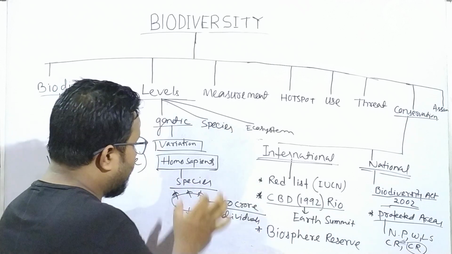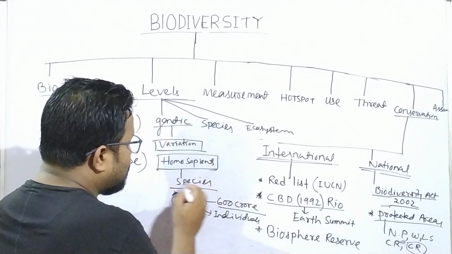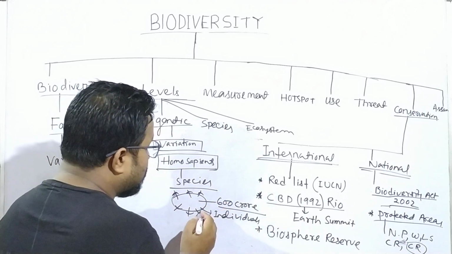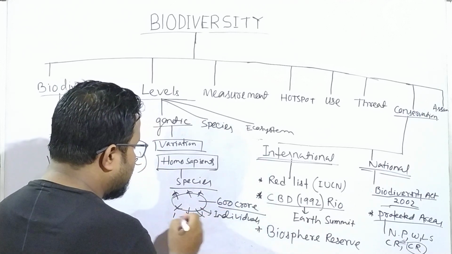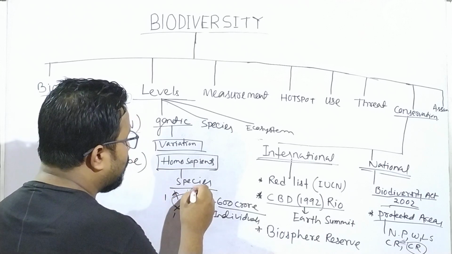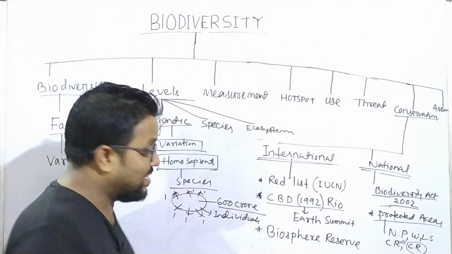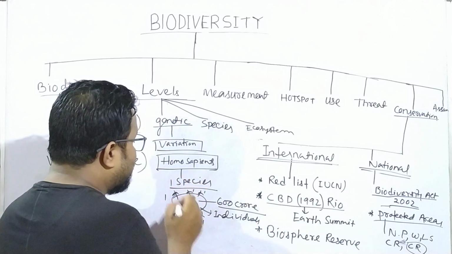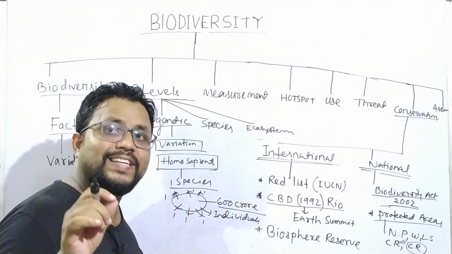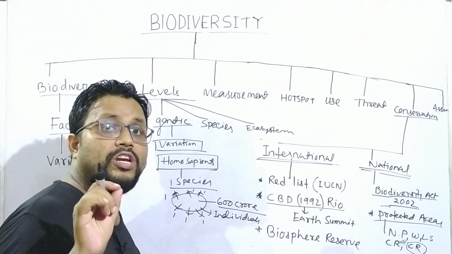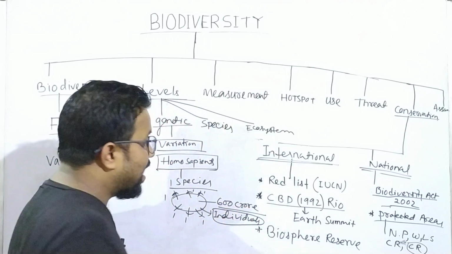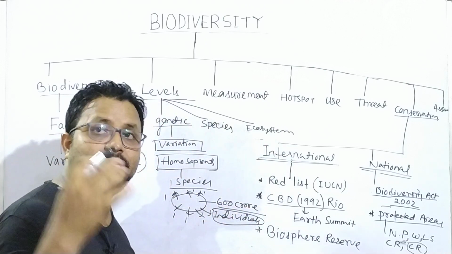So in the world we have 600 crore individuals of one single species. Everyone is different from each other.